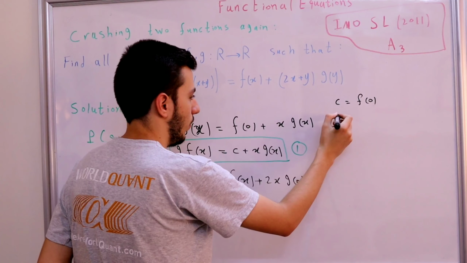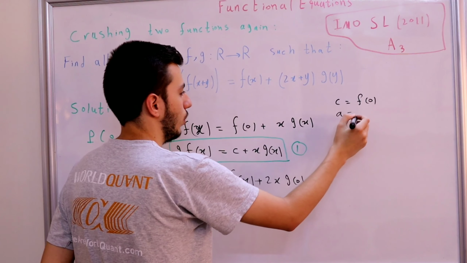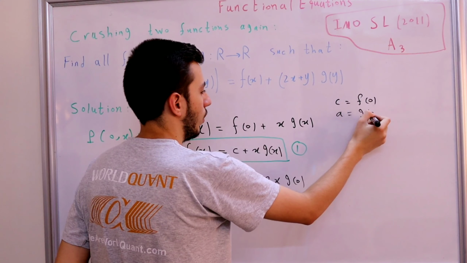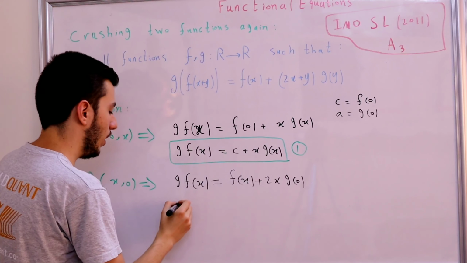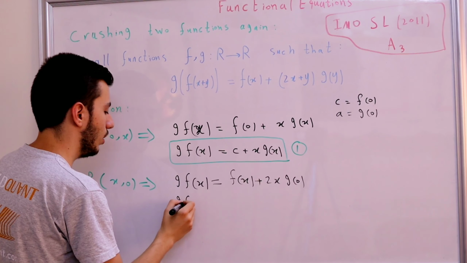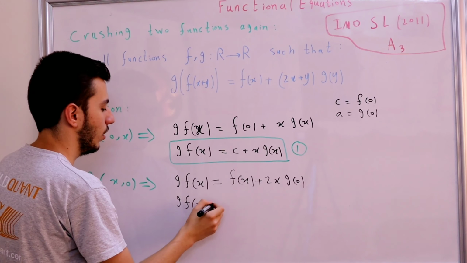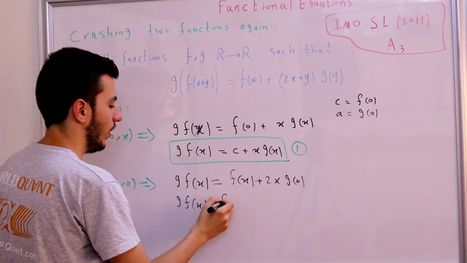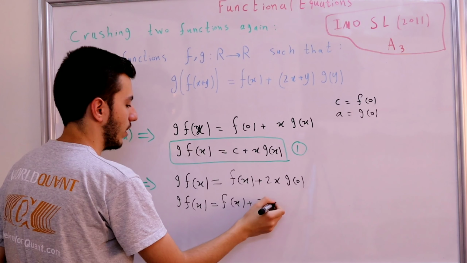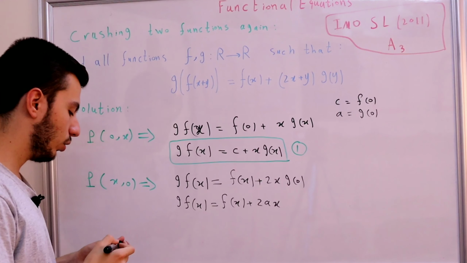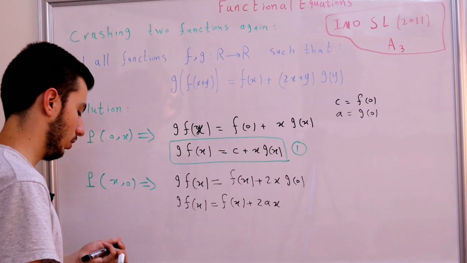Again, let's assume that a is equal to g of 0. So let's make these assumptions. Now we can write this as g of f of x is equal to f of x plus 2ax. This is the second relation that we have.